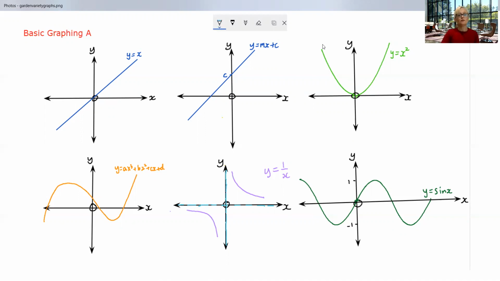For example, if you take your very basic straight line, y equals x, if you add c, you're moving that whole thing up by c.